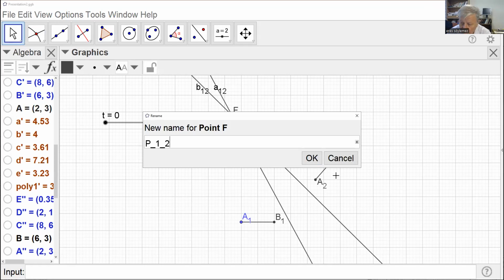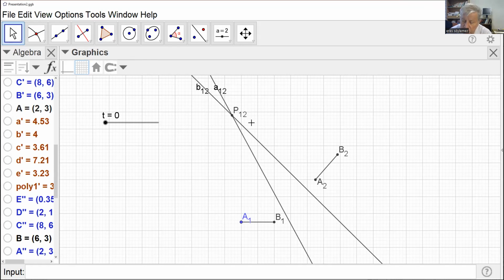That is the pole, usually called the pole or rotation pole.